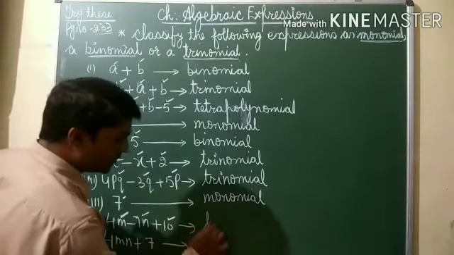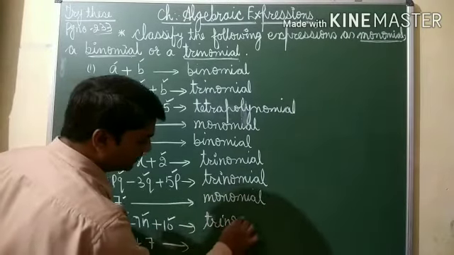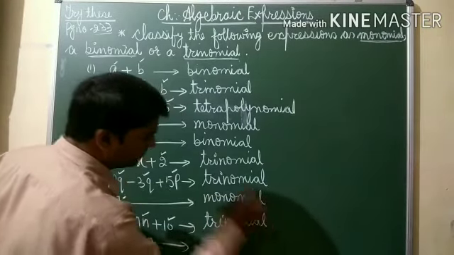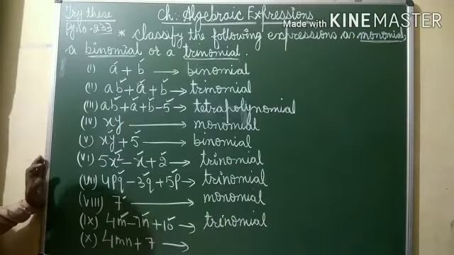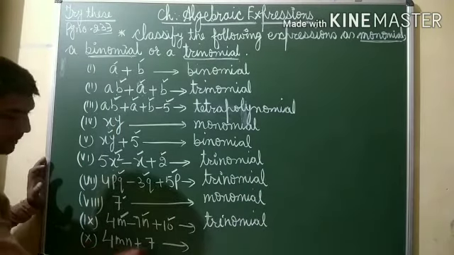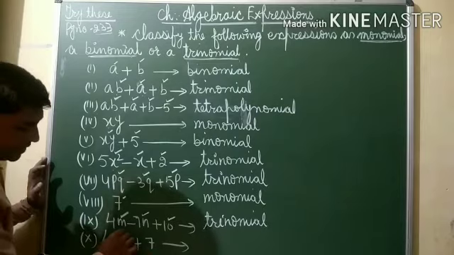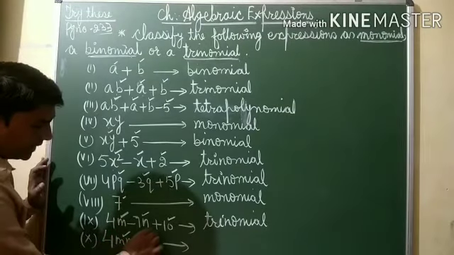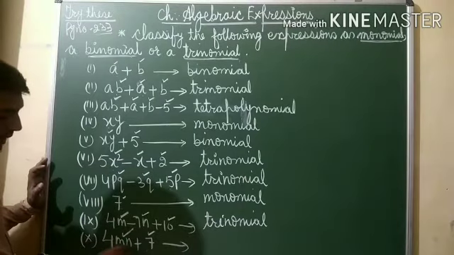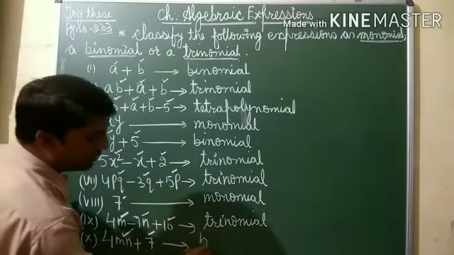Therefore, this expression is a trinomial. Next, 10th part, 4mn plus 7. Since this expression contains two unlike terms, that is 4mn and 7, therefore 4mn plus 7 is a binomial.